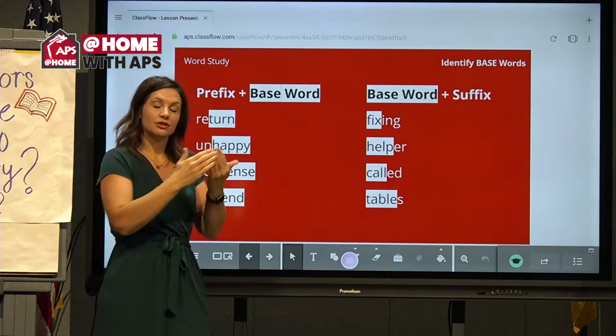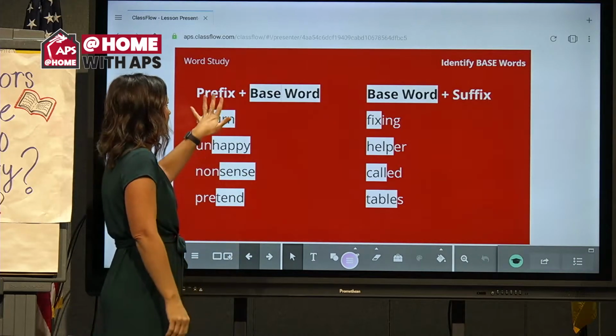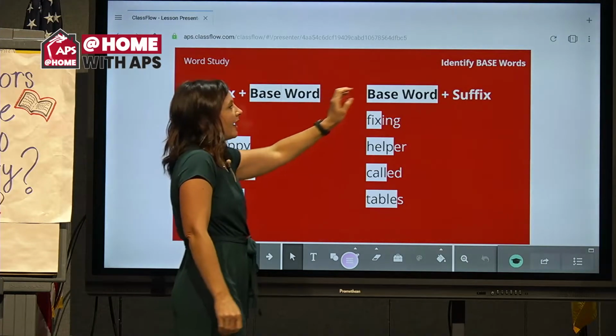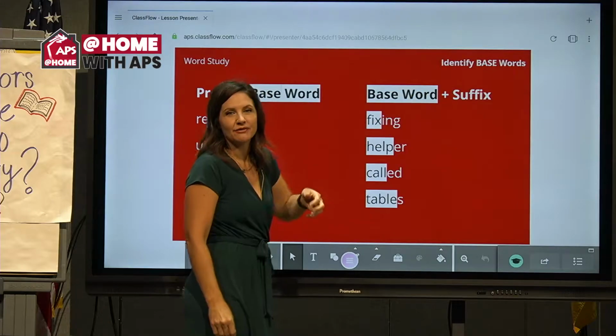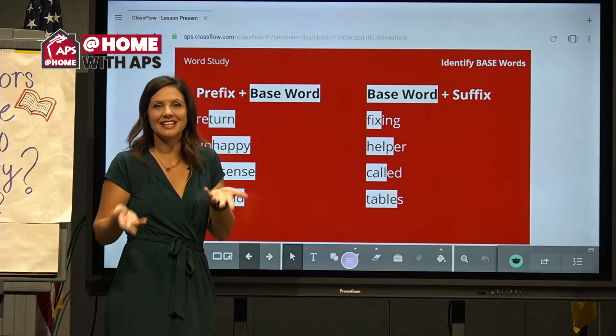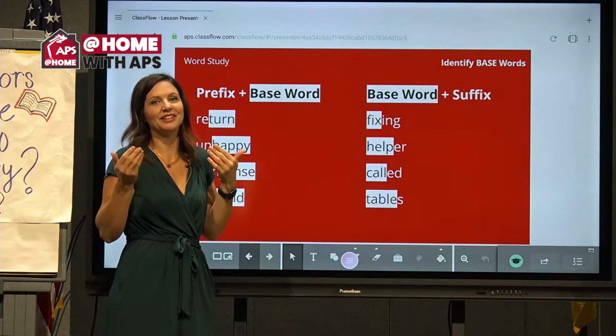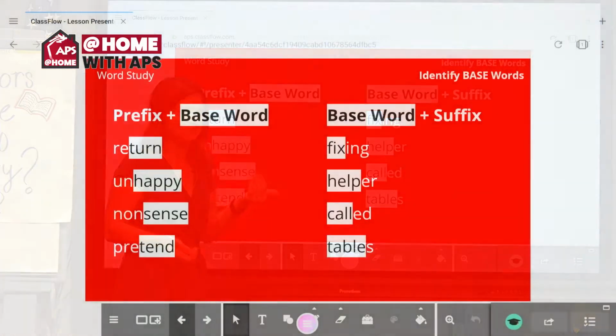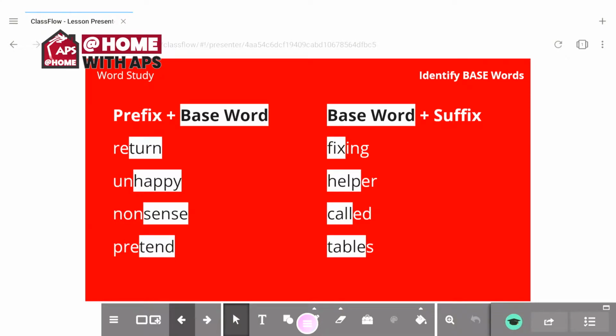So I've put these into two columns. Prefix plus base word and base word plus suffix. When you're practicing at home, this is how I would love for you to categorize the words that you find. I went ahead and made the base word stand out.